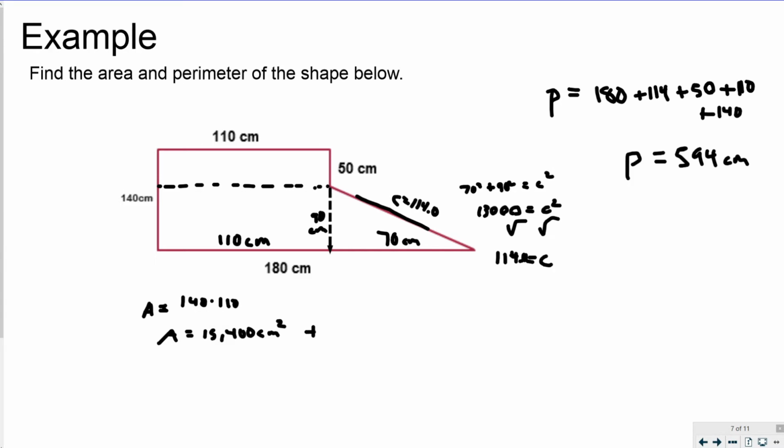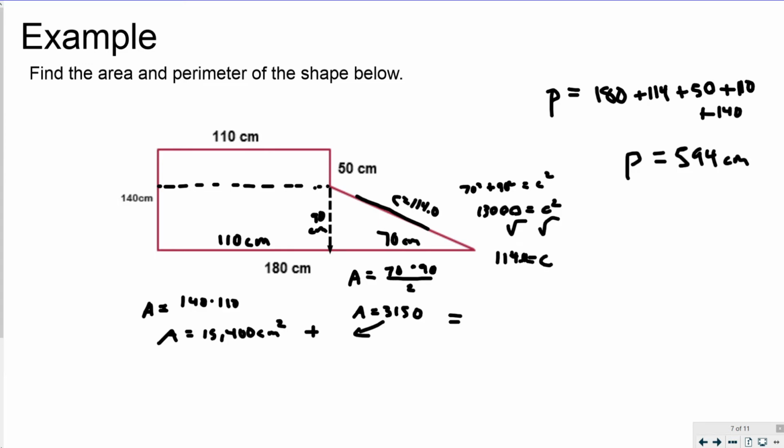But we need to add that to the area of this triangle over here, which is 70 times 90 divided by 2. So 70 times 90 divided by 2 gives me an area of 3,150. So we're going to add that in here.